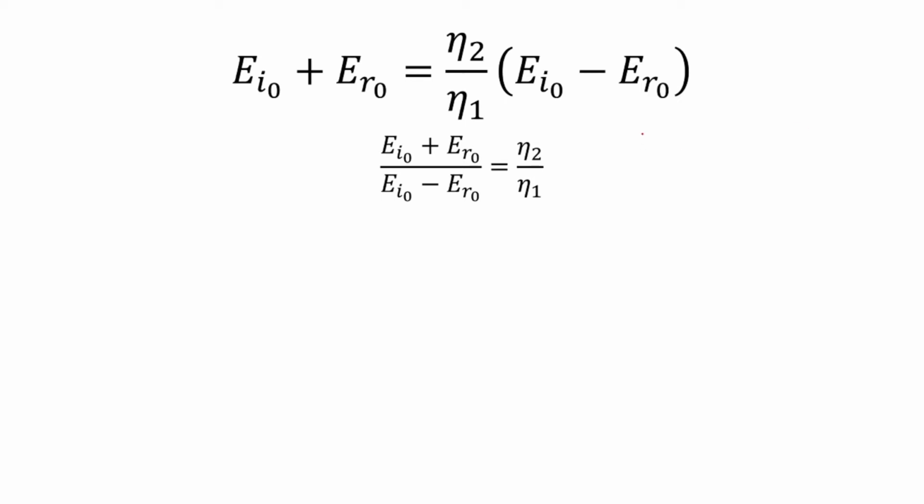If I use componendo dividendo, or in other words, I may use dividendo componendo here for my comfort. Dividendo componendo has three parts. The first part is I subtract 1 from both sides of the given equation.